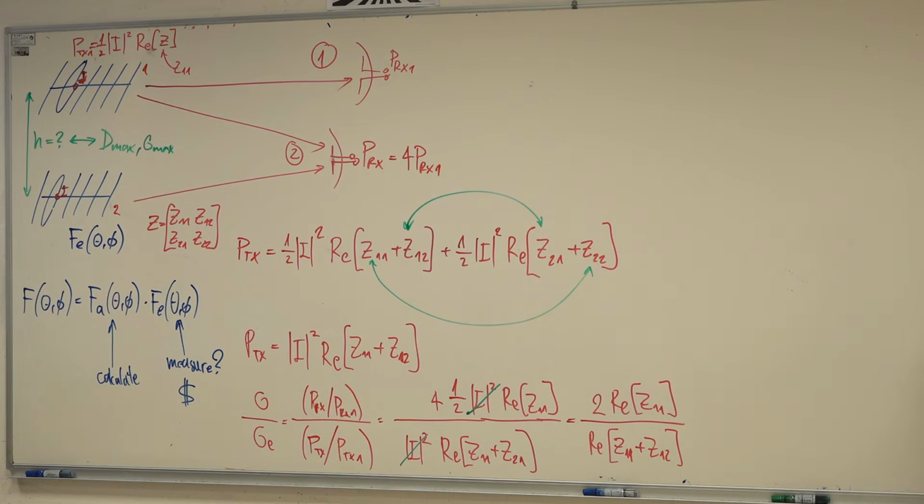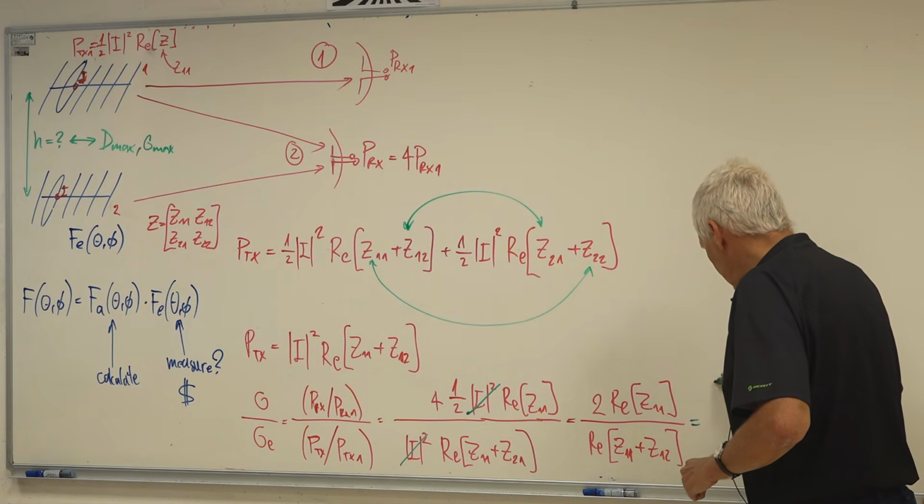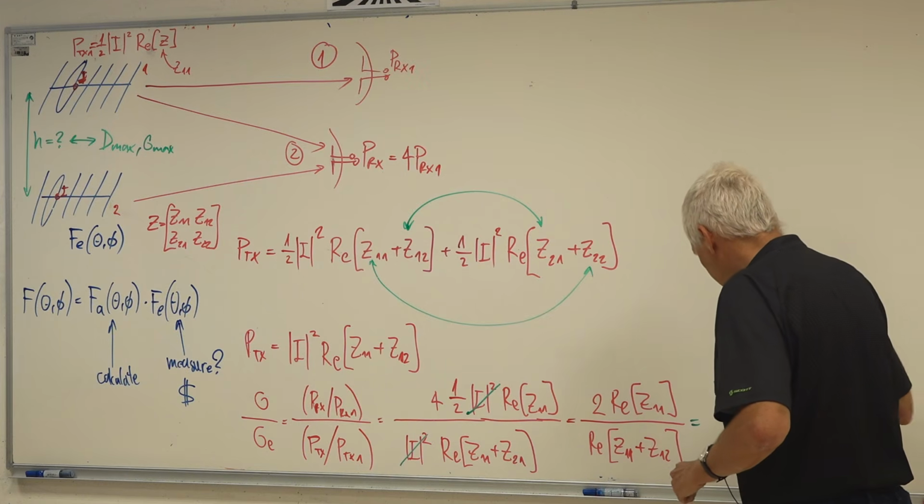So, if there were no mutual influence between the two antennas, if H goes to infinity, what happens then?